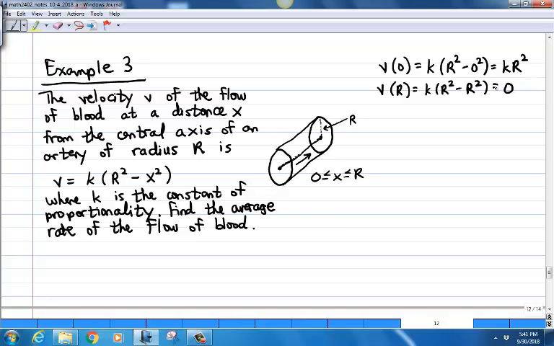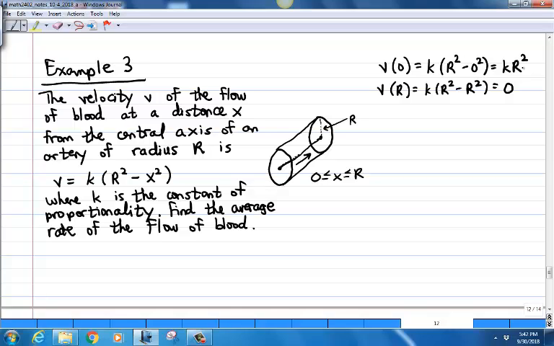So that tells us that right up against the edge of the artery, the flow of blood is very slow. That's because, of course, there's friction with the walls of the artery. So the blood cells, the plasma, and whatever else constitutes the blood, that is brushing up against the edge of the artery, that's slowing it down. But in the center of the artery, the blood is flowing much faster.